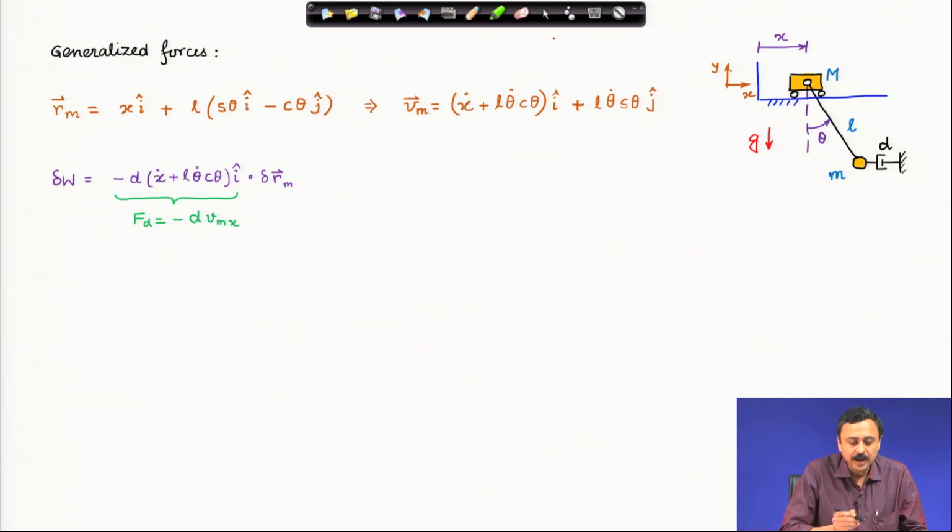Now, when we write down the work done by the dashpot forces, what is the work done by the dashpot forces? What is the force that acts from the dashpot? Now, the dashpot force, if I write F d, is minus d times the velocity in the horizontal direction, in other words the velocity in the x direction.